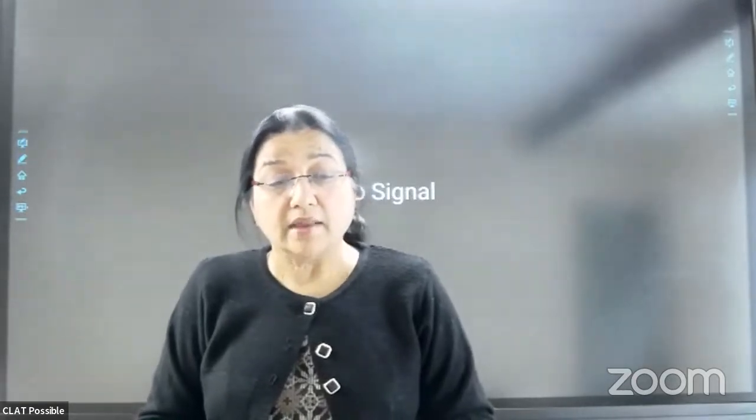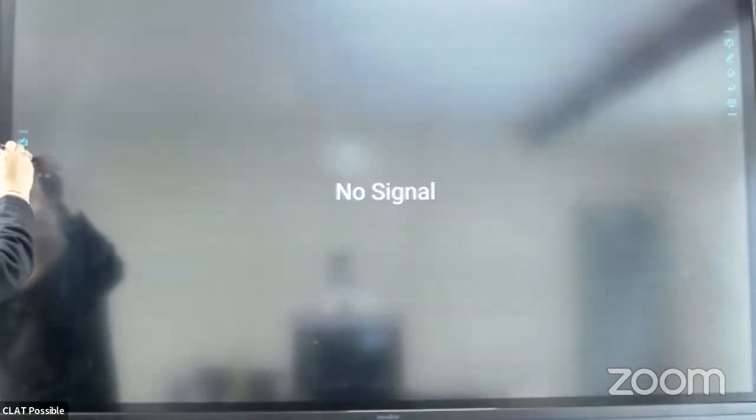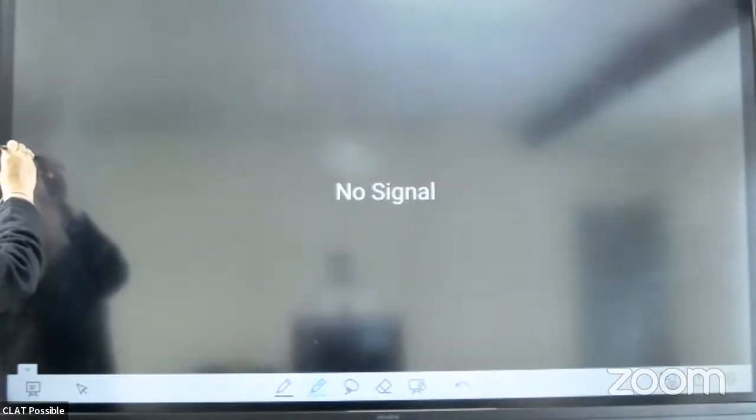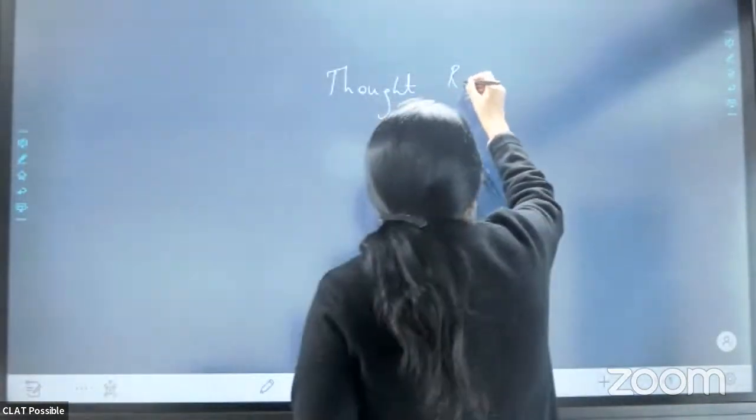So thought reverse will be where the author gives a contrast to his thought. He's presenting a contrast to his thought, and these will be words where we are trying so here.